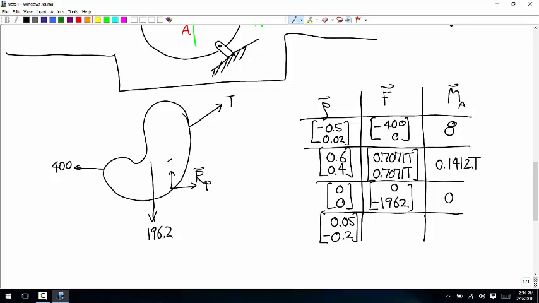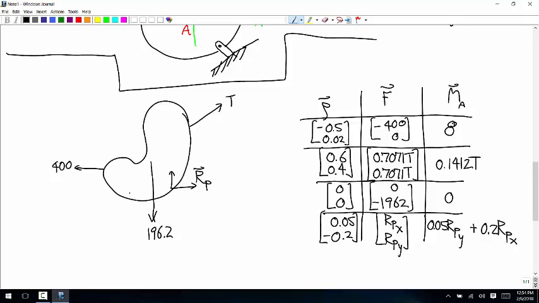And the force vector is RPX, RPY. And the cross product is 0.05 RPY plus 0.2 RPX.